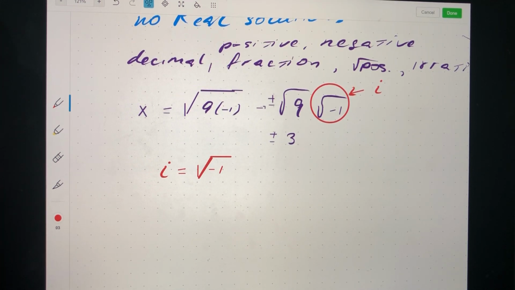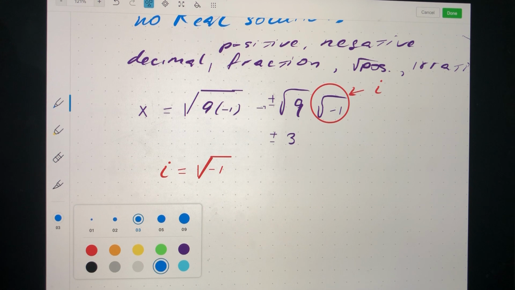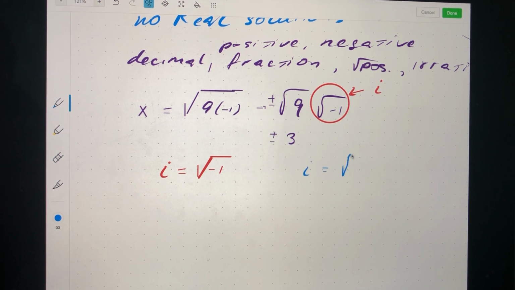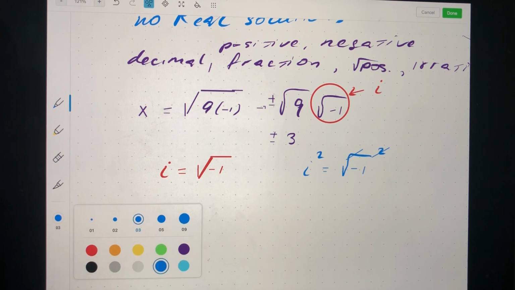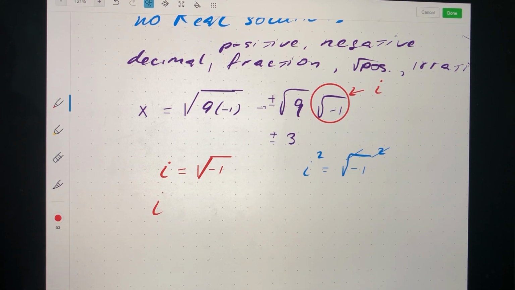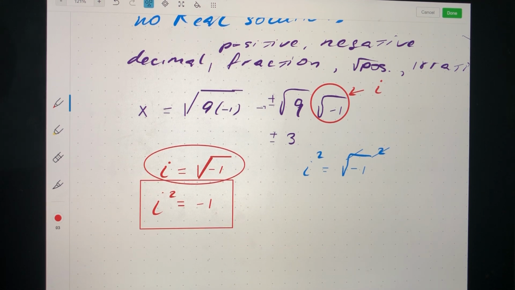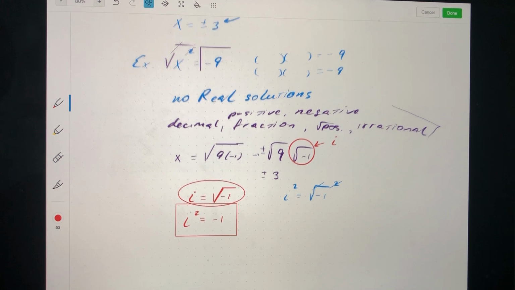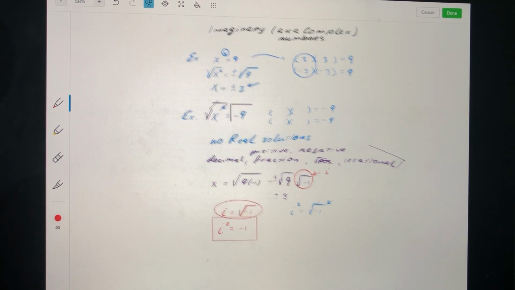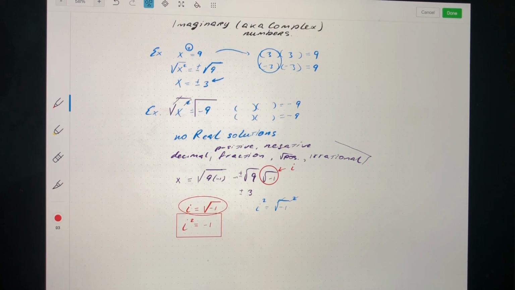Well, if we happen to square both sides here on the side, we know that square and square root cancel out, and that gives us a very interesting fact, meaning that i squared is actually negative 1, just regular old negative 1. These are the two very important facts that we have to know and remember when we work with imaginary numbers, because that tells us what imaginary numbers are.